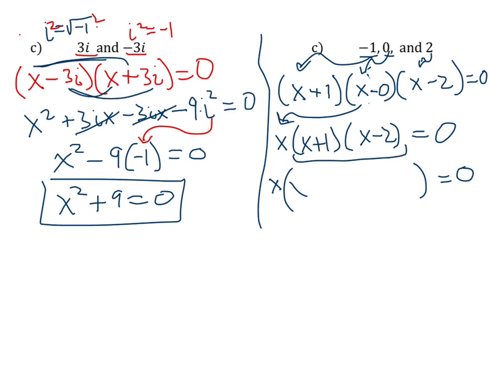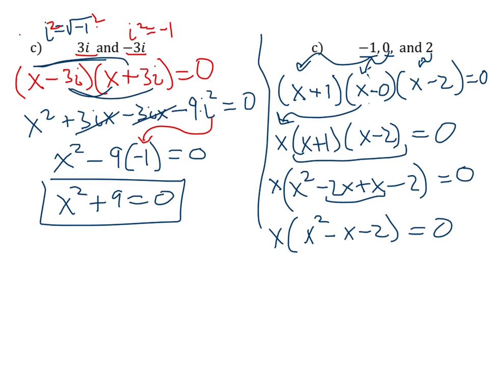So we distribute x times x squared minus 2x plus 1x, and then the negative 2. We just foiled that out. And now we've got to distribute this x here. Let's clean it up first, actually. That's going to be negative x.